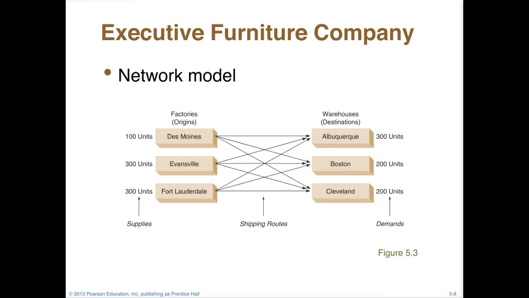Whenever supply equals demand, we have nothing but equations in our model. Whenever supply is greater than demand, or demand is greater than supply, then we tend to have inequalities in our linear programming model. So I just want to make sure that we are aware of that before we get deep into this.